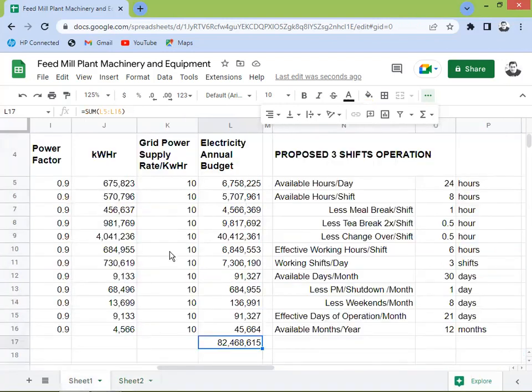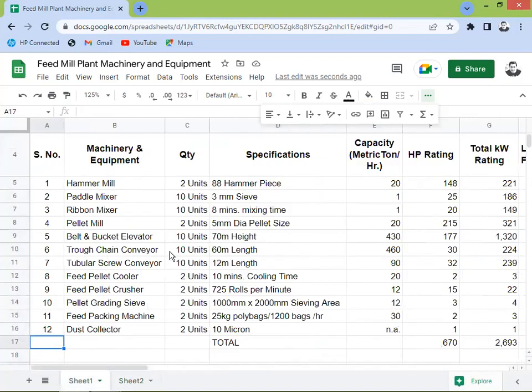So just a recap. What we need to do is we're going to get the machinery. We're going to get how many units you're going to need for your operation. The specification is just for your own information. Then also your metric tons capacity.